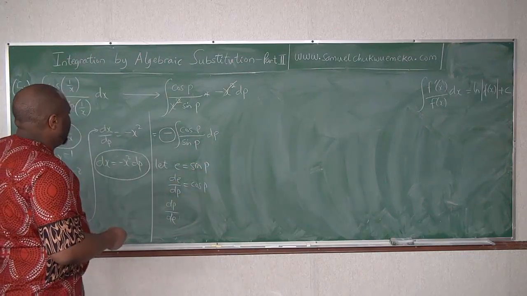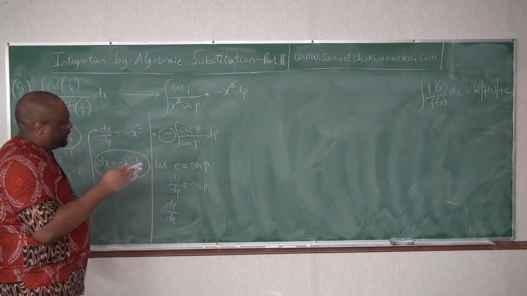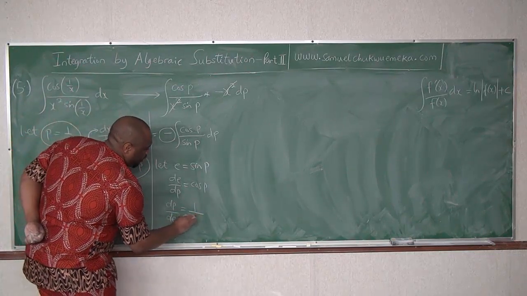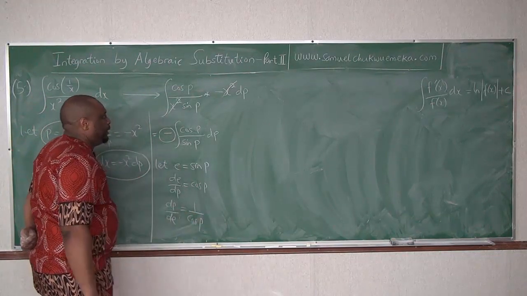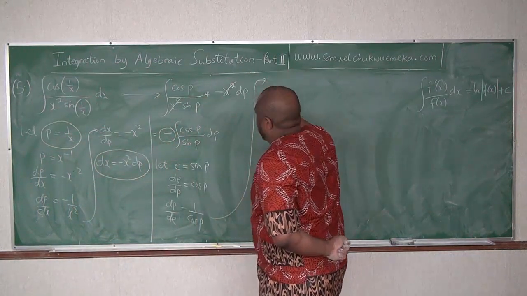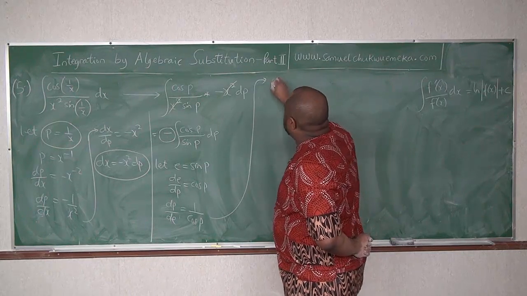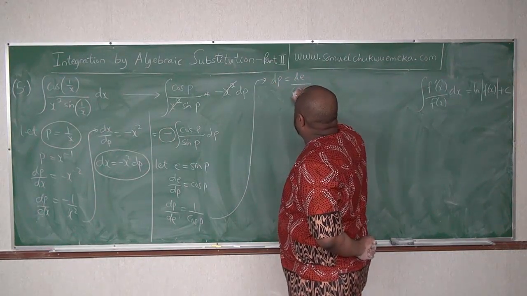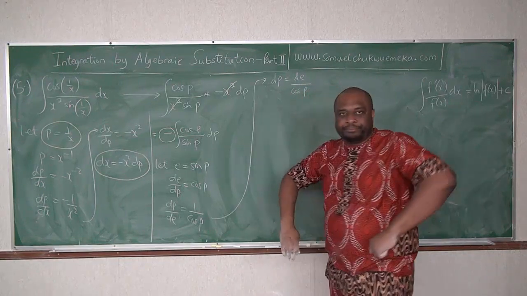So dE dp is cos p, dp dE is 1 over cos p. So this implies that dp is dE over cos p.